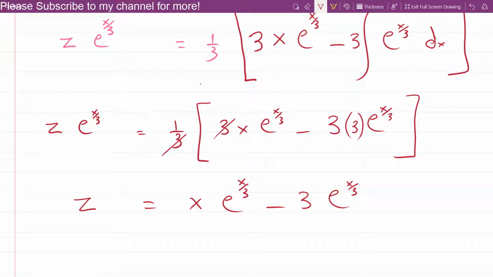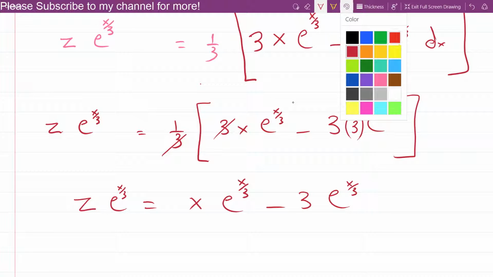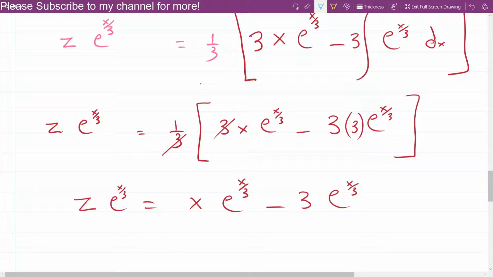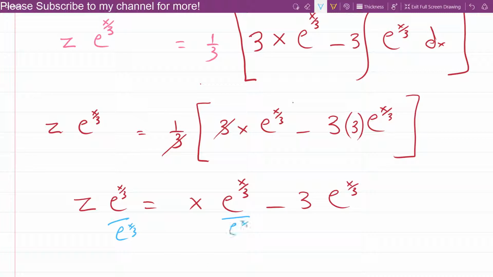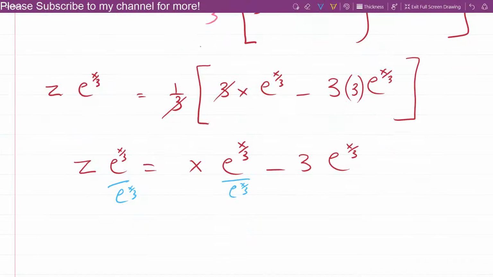And to solve for z, I can now divide both sides by e to the x over 3. Oh, wait, I forgot the plus c here.